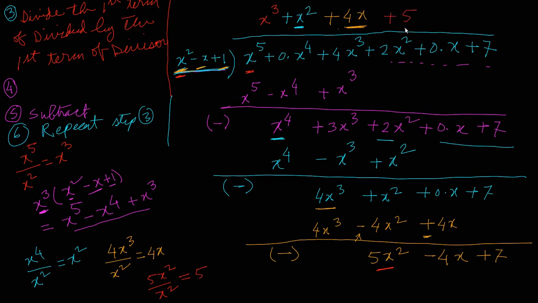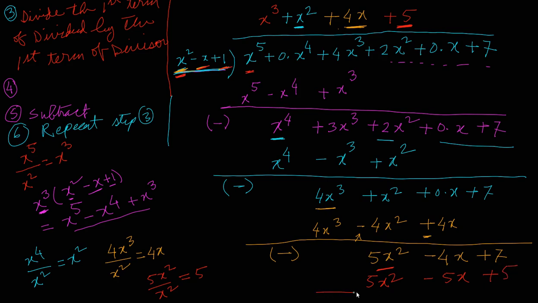So what is the next step? Now I'm going to multiply 5. So 5 multiplied by x square is 5x square. Then 5 multiplied by negative x is negative 5x. Then 5 multiplied by 1 is plus 5.